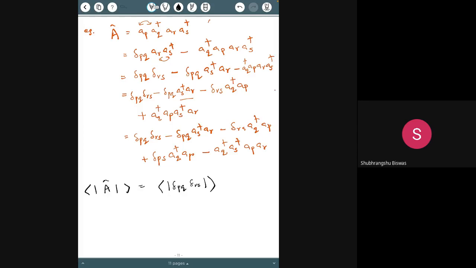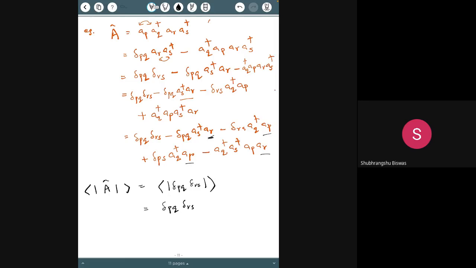Why? Because the first operator over here will try to destroy an electron in an orbital, and there are no electrons in any orbitals in the vacuum. So all these terms will give you a zero contribution, and you get a very easy expression for your vacuum expectation value. That is the one which has no operators whatsoever.